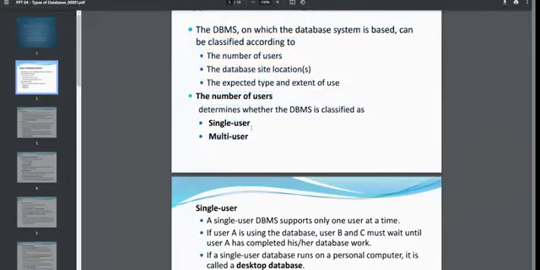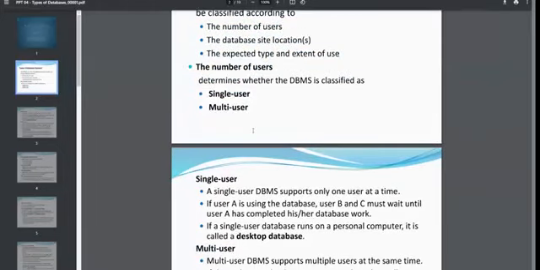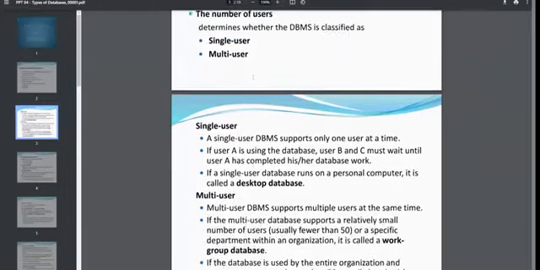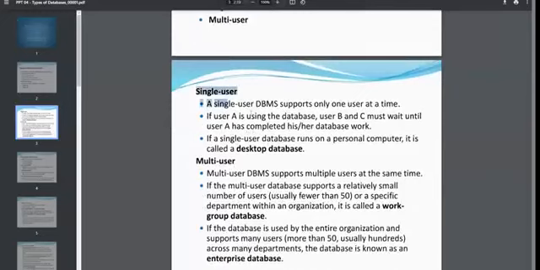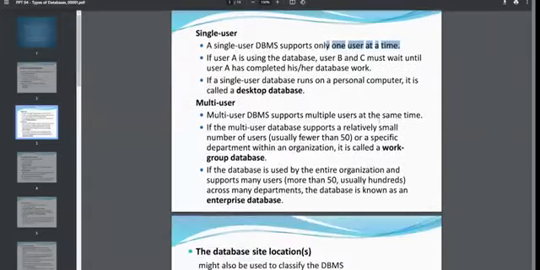If it is used by one user, it is a single-user system; otherwise, it is multi-user. A single-user DBMS has one user at one time, and another user can use it at a different time. If multiple people are working on the database at the same time, we call it a multi-user database management system.